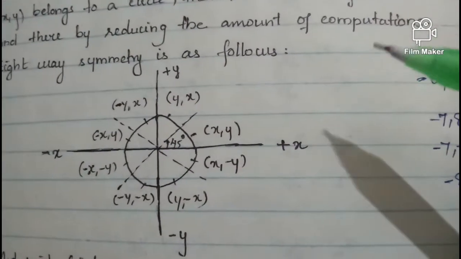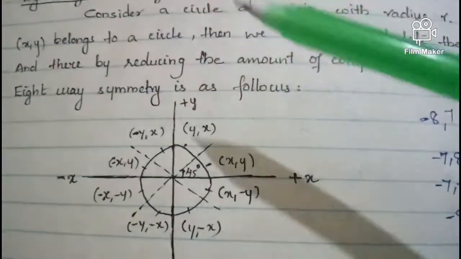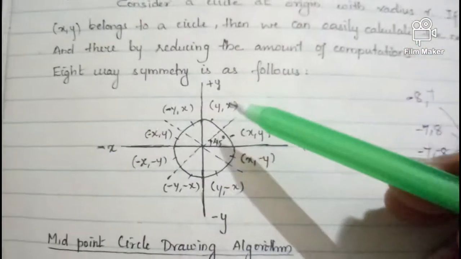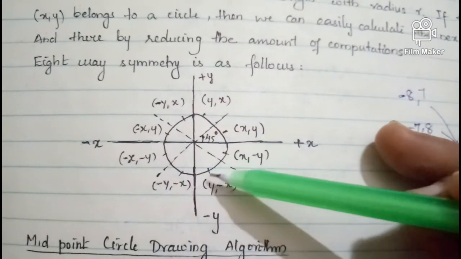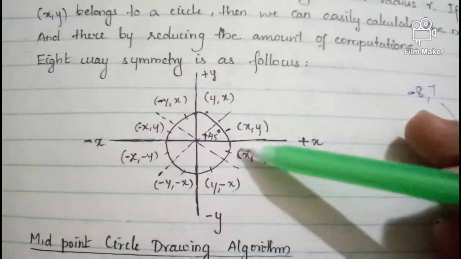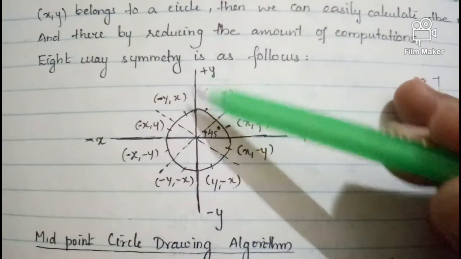Now let us learn what is 8-way symmetry. 8-way symmetry means to plot the points around the circumference of the circle, we have to divide the circle into 4 quadrants.